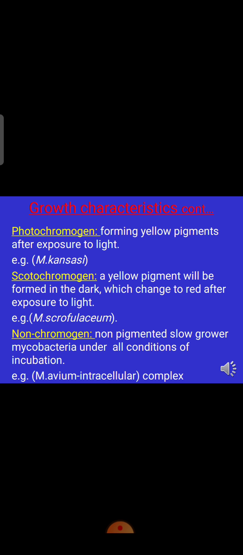An example is Mycobacterium kansasii. The scotochromogens form yellow pigmented growth in the dark, which changes to red after exposure to light. An example is Mycobacterium scrofulaceum. Lastly, the non-chromogens are non-pigmented slow growers under all conditions of incubation. An example is Mycobacterium avium intracellulare complex.